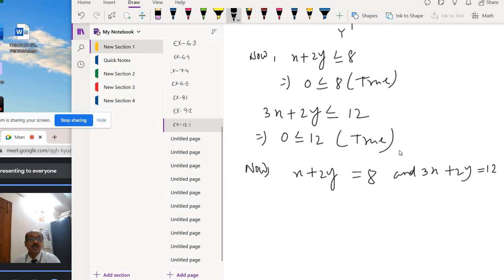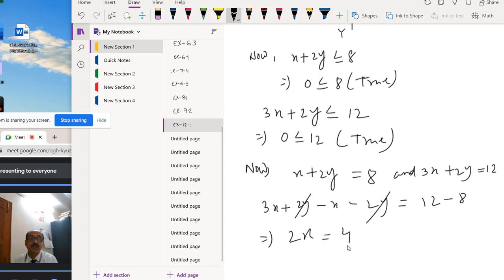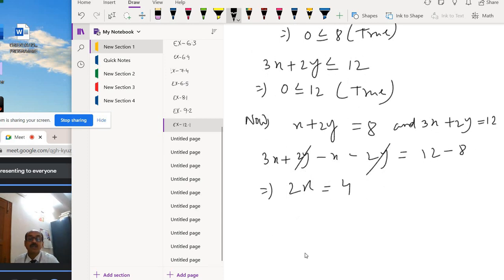Now second equation minus first equation. So 3x plus 2y minus x minus 2y equals 12 minus 8. 2y cancels. So 3x minus x, 2x equals 12 minus 8, 4. Then x equals 2.